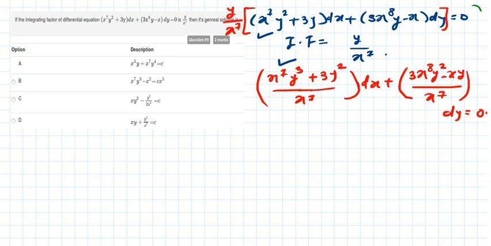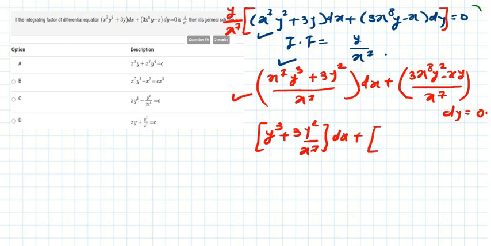Now this has become an exact differential equation. Let's simplify it. This will be (y cube plus 3y square by x raised to 7) dx plus (3x y square minus y upon x raised to 6) dy equal to 0.